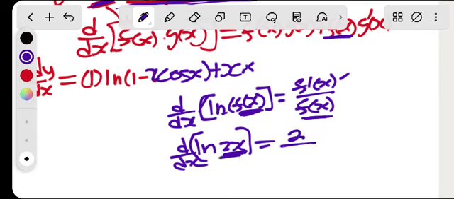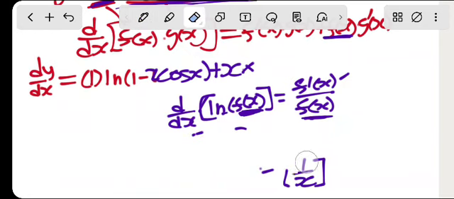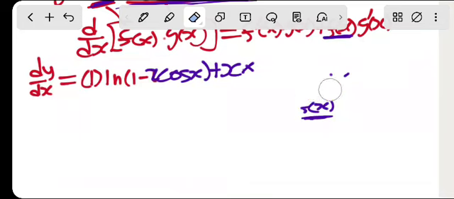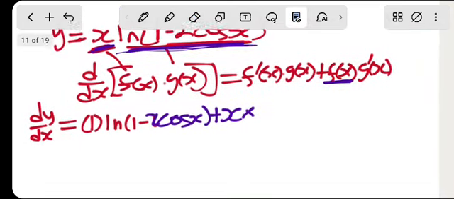Then you divide by f of x, which is 2x. Then this and this will cancel. It's 1 over x. So you see what is going on there. We're applying that rule, even here.